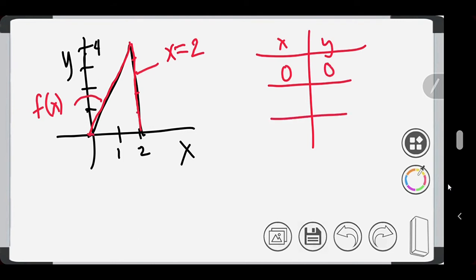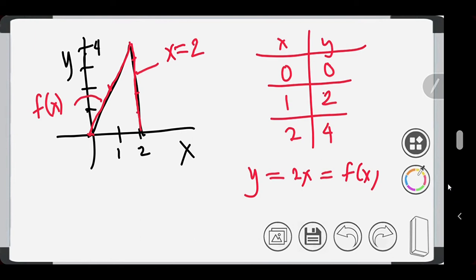If x is 1, then our y becomes 2. If x is 2, then our y is 4. Therefore, we can conclude by examination that our y is twice our x. Now, we have our equation y is equal to 2x, and let's make this our function f of x.